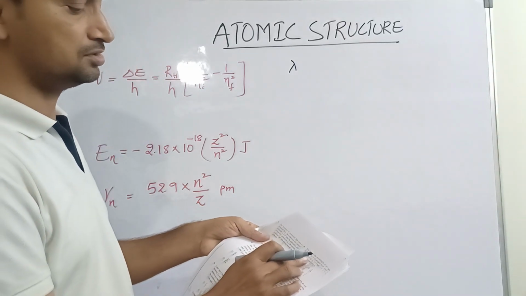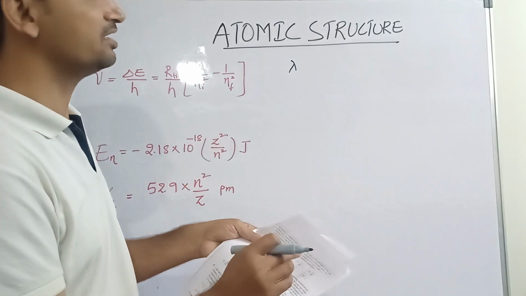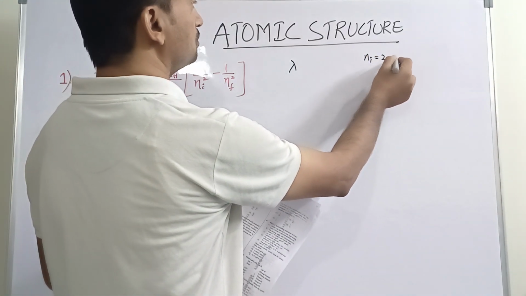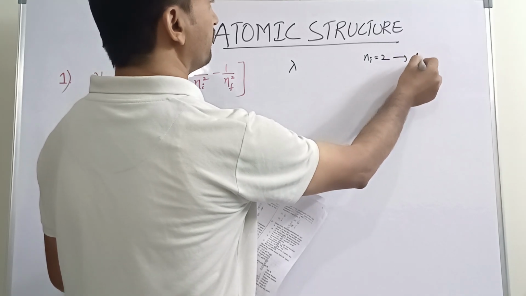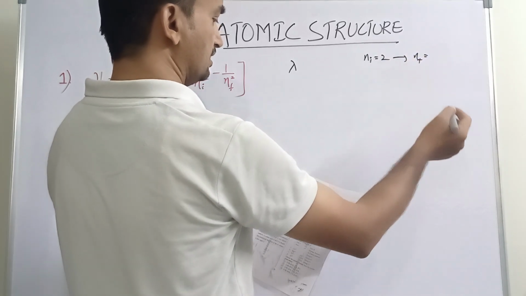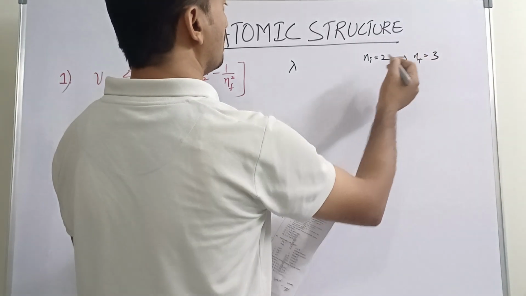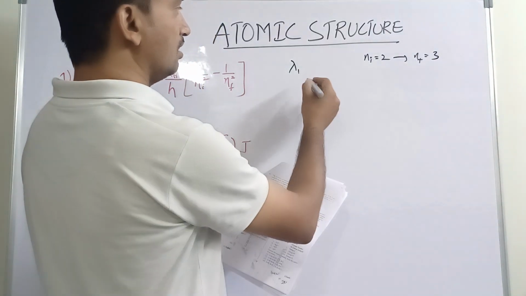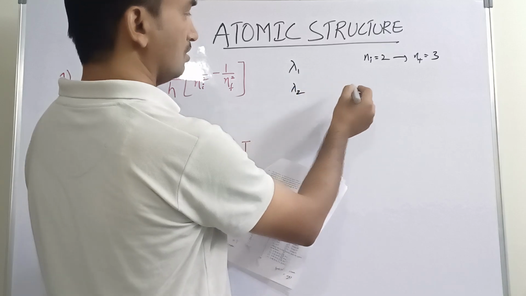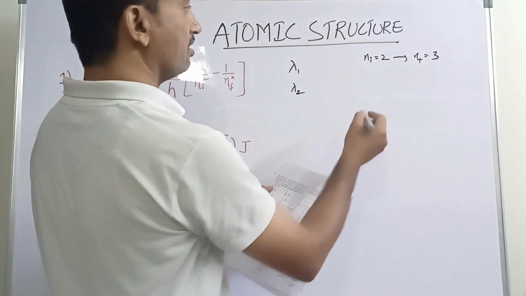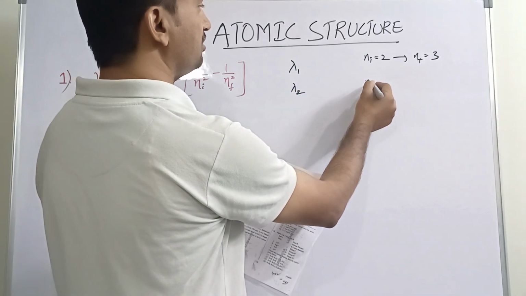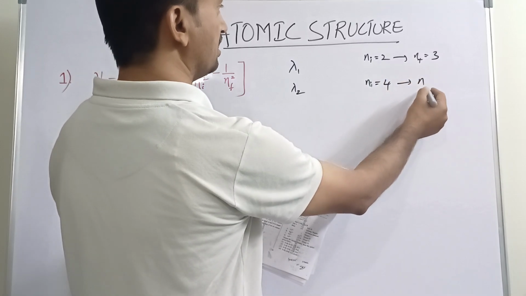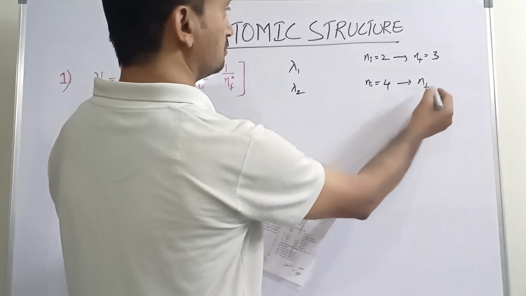One is from n equals 2 to n equals 3, that is ni equals 2 to nf equals 3, this is lambda 1. Second one is lambda 2, ni, the initial value, is 4 to nf equals 6.